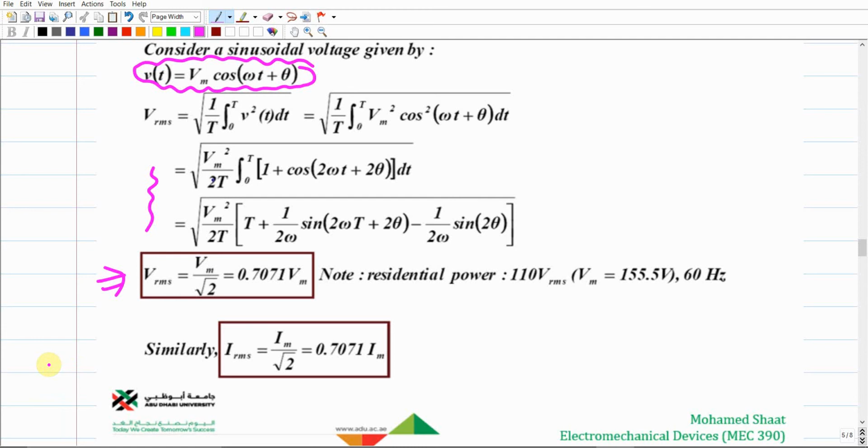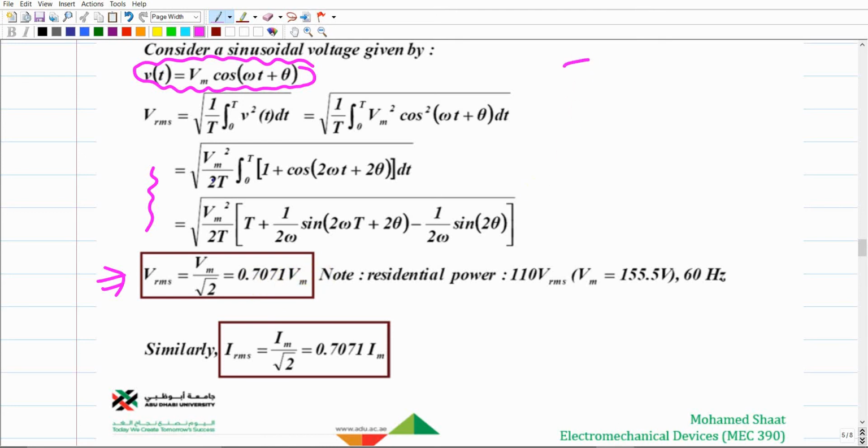So generally speaking, for any sinusoidal voltage source, the root mean square voltage is the peak of the voltage source, this V_m value, divided by the square root of 2. One over the square root of 2 gives 0.7071 times the peak value.